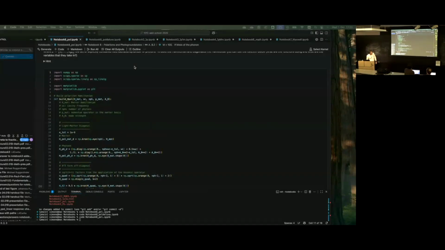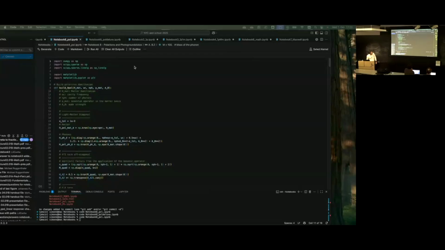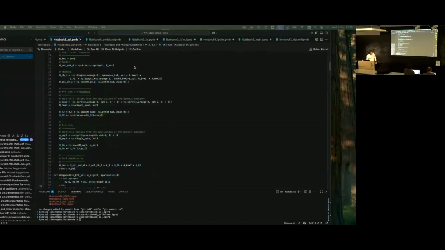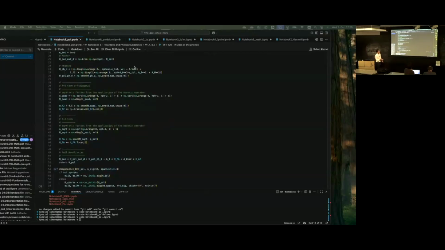I'm thinking it's an operator, so it should be something like finite differences, but I don't know what to supply as the PMAT. PMAT is the momentum operator in the matter basis. So that would be finite differences or something. That's a good point. It could be finite difference, right? And actually, in the next part of the exercise, it will be finite difference.